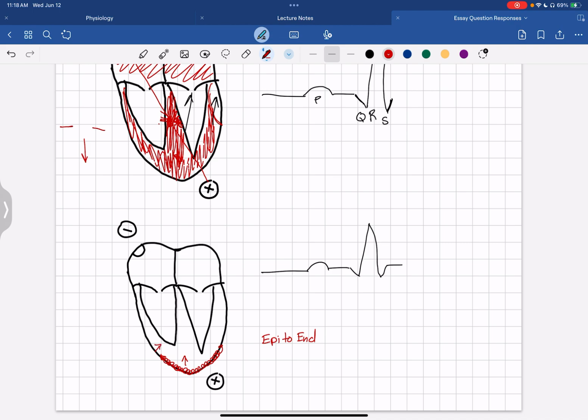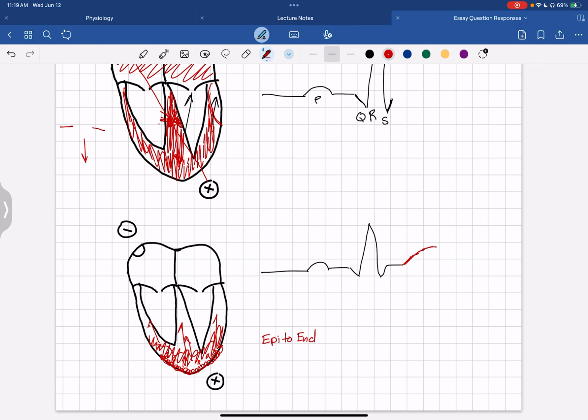Initially we have this strong net force that's going this direction, which is going to cause an increase in our signal on the EKG, and it's going to continue, which will lead to a greater upward tick in our EKG.